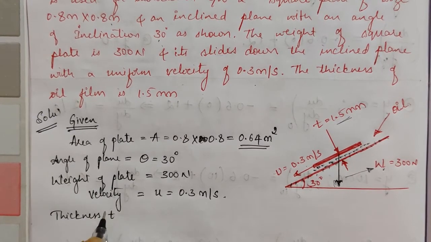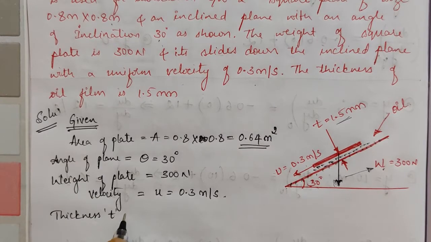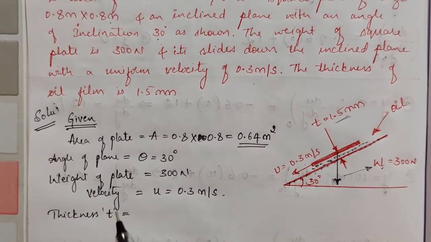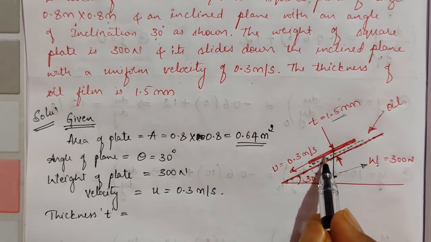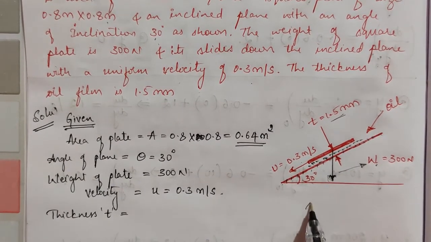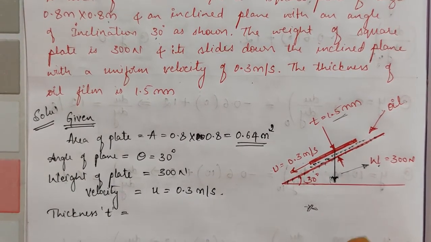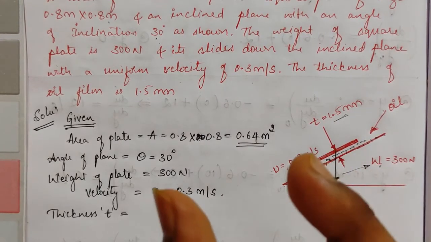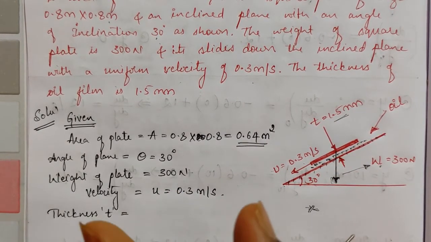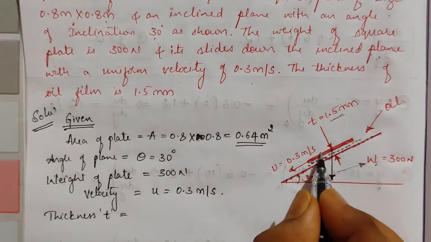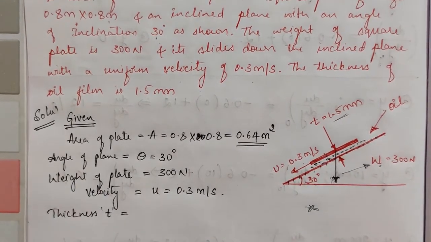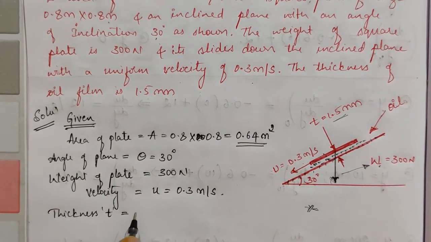So thickness, small t. Okay, and it can also be called as what? They are giving thickness means they are basically giving the distance, from this to this, how much is the distance? So it is nothing but some type of length, right? So I'll take it as dy.